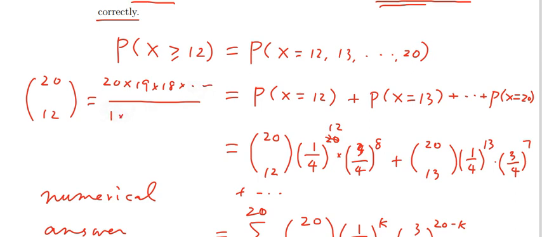Here 1 times 2 times up to 12, like that. So this number is usually too big. And then what is this number, 1 over 4 to the 12? That equals 1 over 4 multiplied 12 times, 4 to the 12th power, which is too big, and 1 over 4 to the 12 is too small.